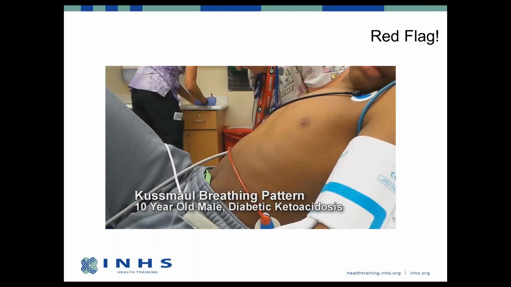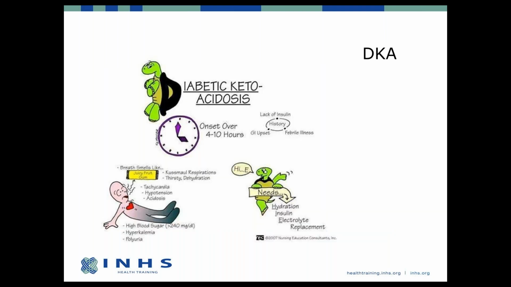Okay? Put the video back in here. We are not playing. I'll probably get fired. But in this video, you can hear the doctor say, we note some acidy smelling breath as well. Okay? So onset, long time, 4-10 hours for DKA: Kussmaul's breathing, thirst and dehydration, tachycardia, hypotension, acidosis.